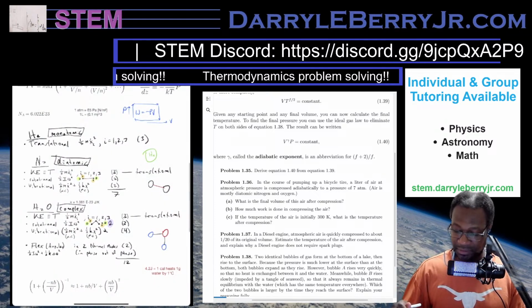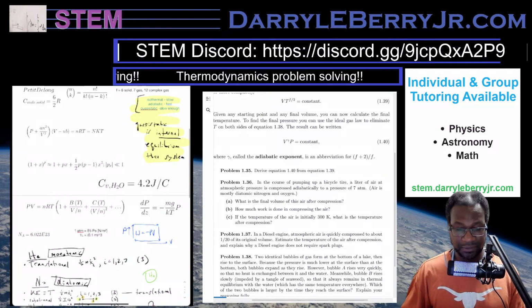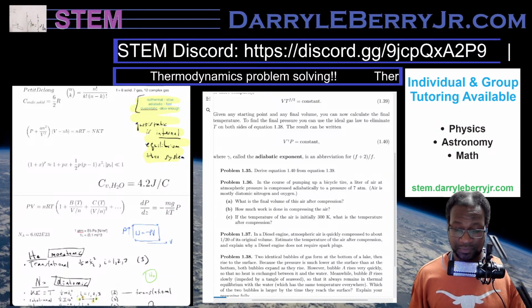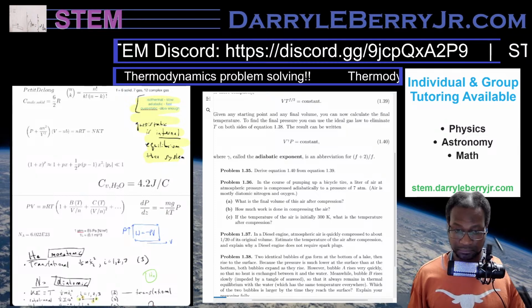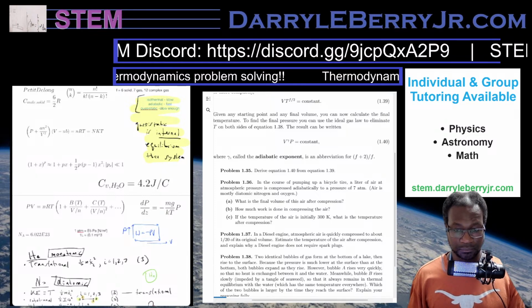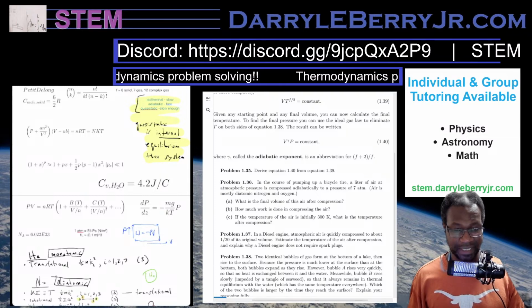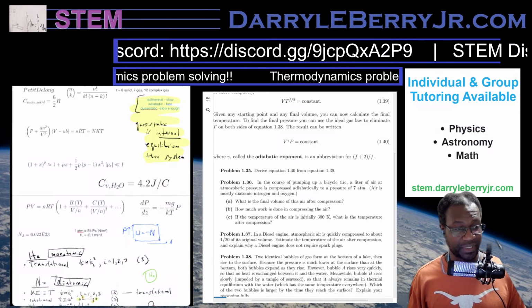So adiabatically means it's so fast, fast compared to the speed of sound, that the air can't respond, so it doesn't compress equally. That's mostly diatomic nitrogen and oxygen. And what is the final volume of the air?